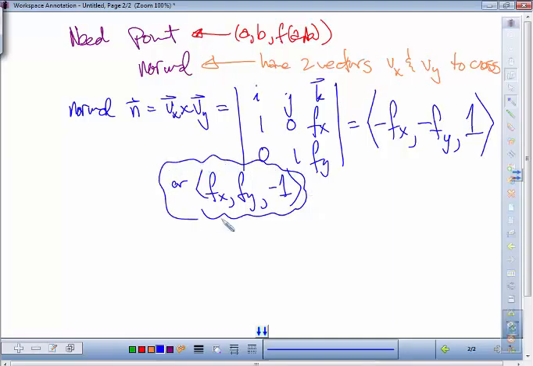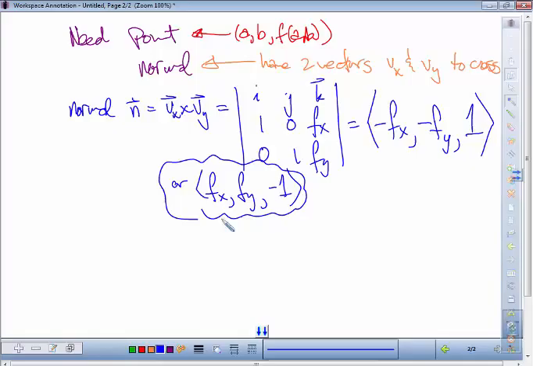Had you crossed it the other way, you would have gotten a positive fx, positive fy, and negative 1. Okay? So there's a 1 in there. That's just my own personal preference. I like negative 1 for some reason. But in this case, it really wouldn't matter.